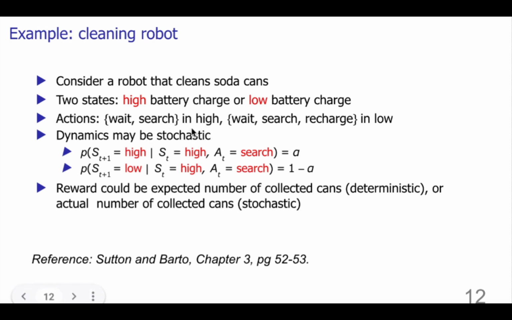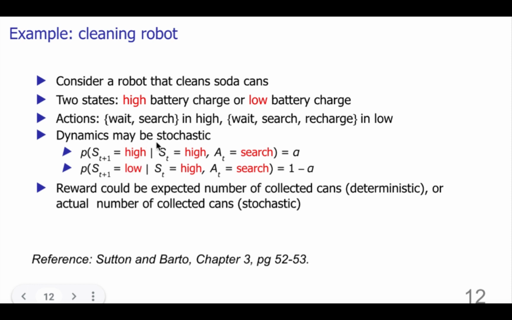When the robot is in the high state, it can only have two actions: the first one is wait and the second one is search. But if it is in the low state, it should also be able to recharge. So in general, we have capital A, the set of all possible actions: recharge, search, and wait. In case of high, we have wait and search. In case of low, we have wait, search, and recharge.